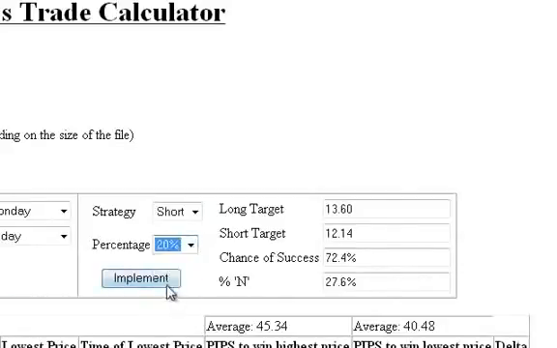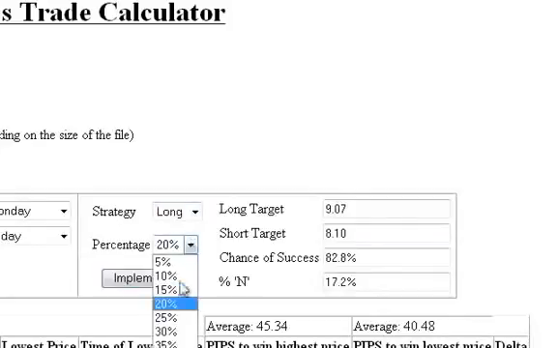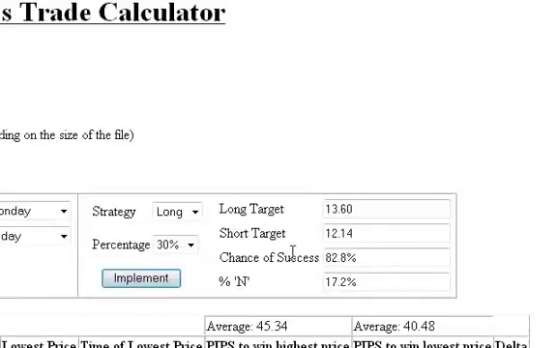Let's see if we change that to a 20. That gives us an 82. So we can go for 8 on a short and 13 on the long. We could make our own guesses and try to go for 10 on each one of them, but I think 8 on the short and 13 on the long is completely appropriate.